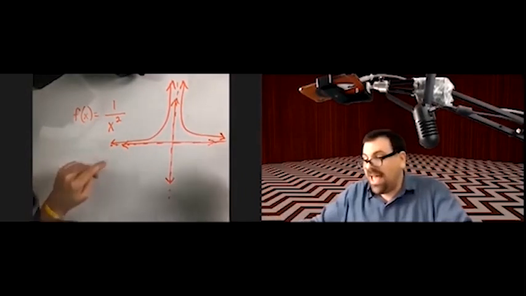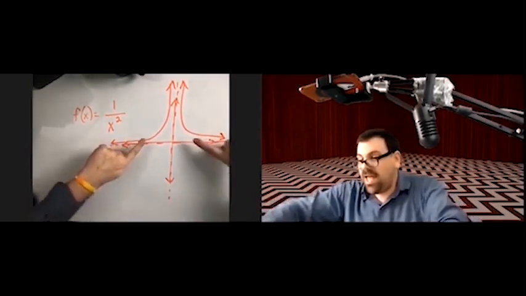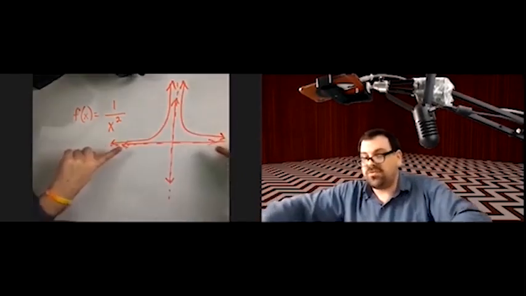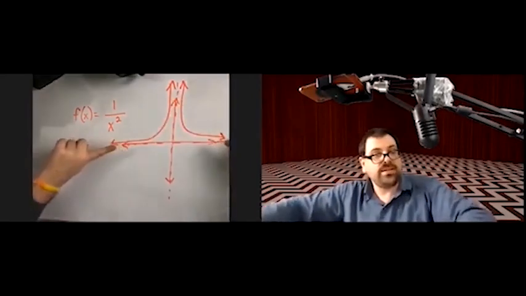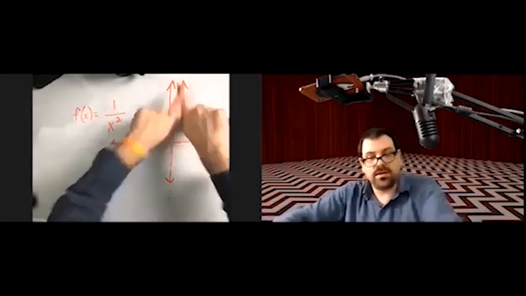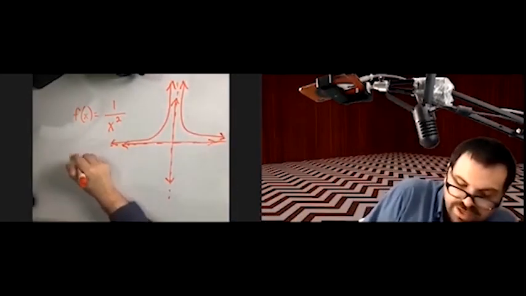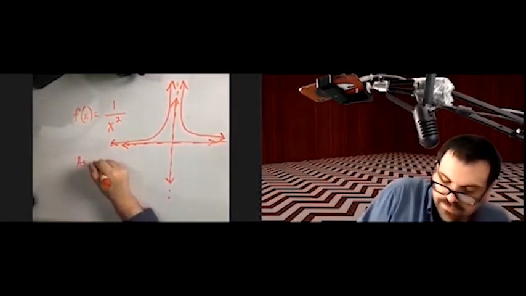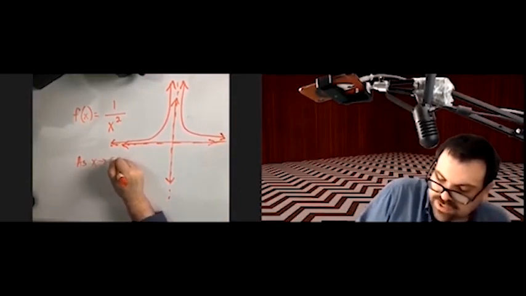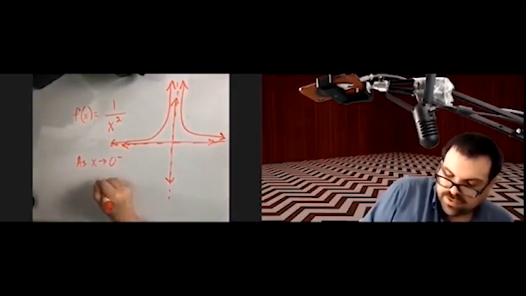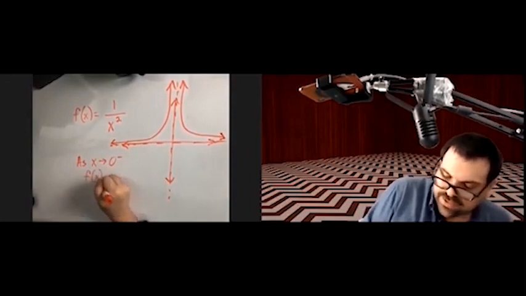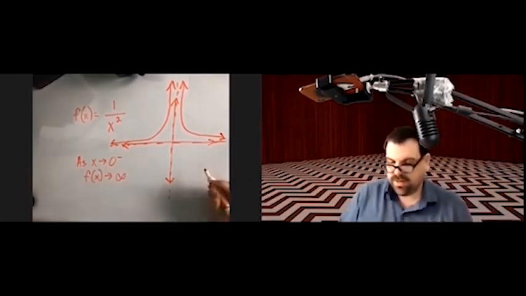But as x approaches 0 from either the left or the right, f of x approaches positive infinity. As x approaches 0 from the left, f of x approaches infinity.